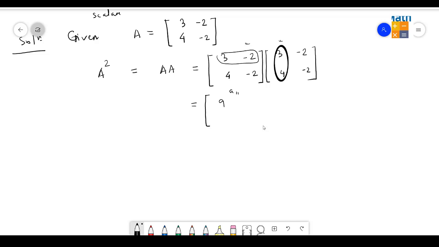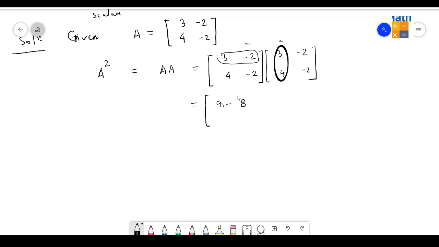This is a negative term. Minus 2 into 4 will be minus 8. Actually I had to put a plus sign in between, but since this is a negative quantity, plus minus will ultimately be minus. So it will be 9 minus 8.